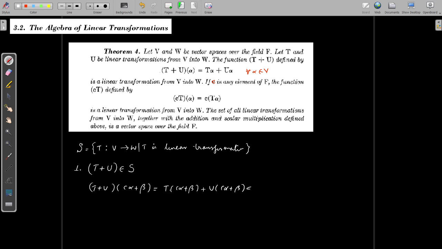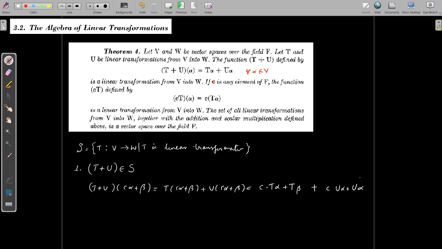But T is a linear transformation because T comes from this set, so that can be written as C times T alpha plus T beta, which is the definition of linear transformation, plus C times U alpha plus U beta, as U is a linear transformation.